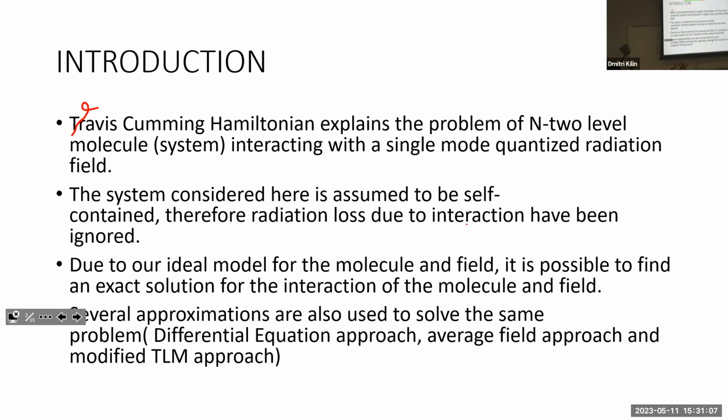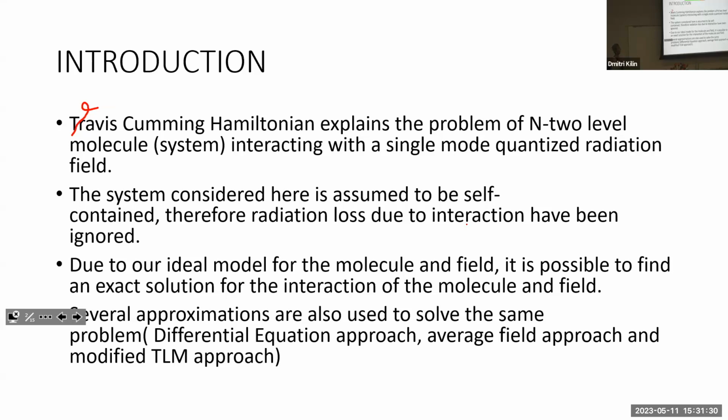Here he assumed that the model is done in resonance, so there was no radiation loss due to interaction. Because of this ideal or perfect model, he was able to generate the exact solutions for the interaction of the Hamiltonian.